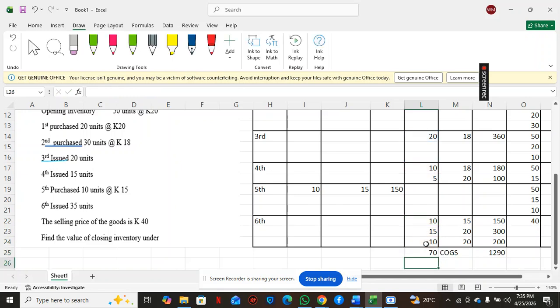We sold a total of 70 goods, and the total cost of these 70 goods was 1,290.